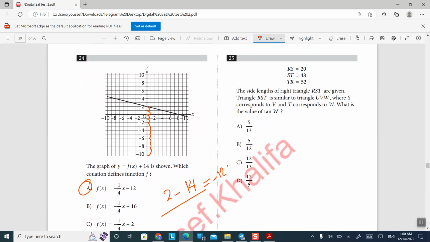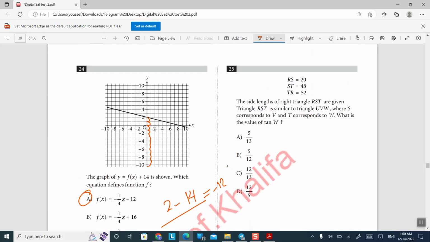Okay, so let's see the next question. The side lengths of right triangle LST are given. Triangle LST is similar to triangle UVW, where S corresponds to V and T corresponds to W. What is the value of tan W? So that's similarity.